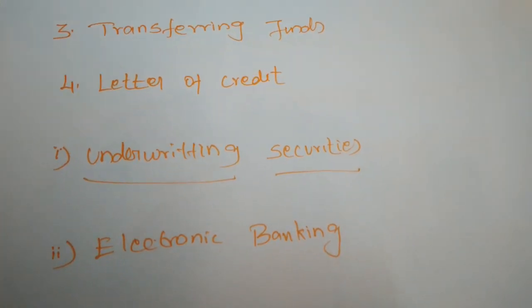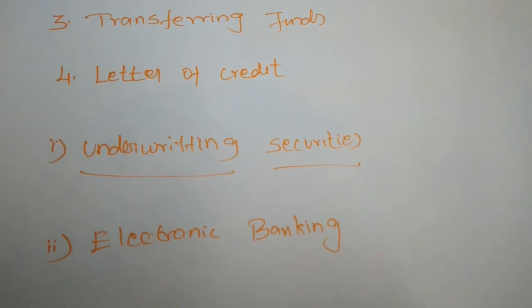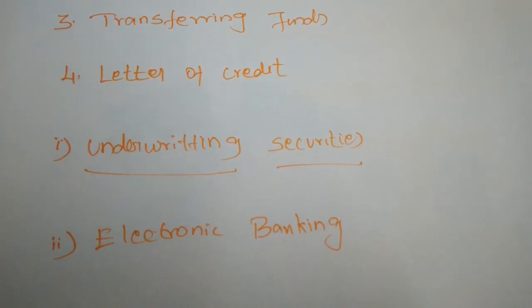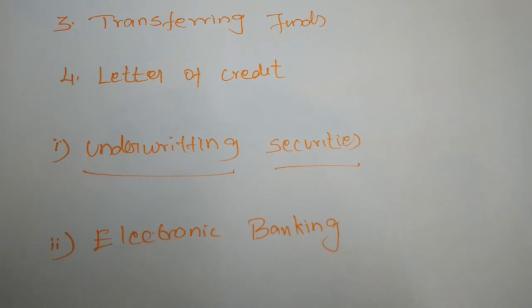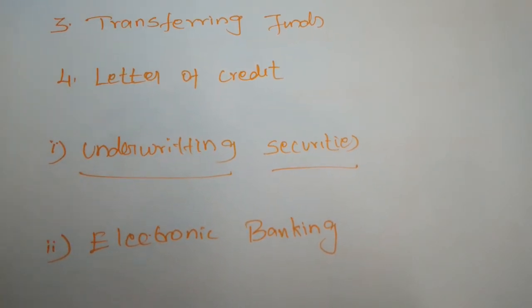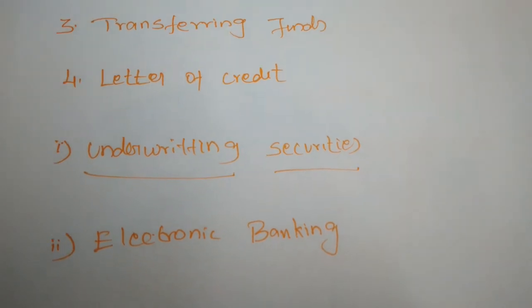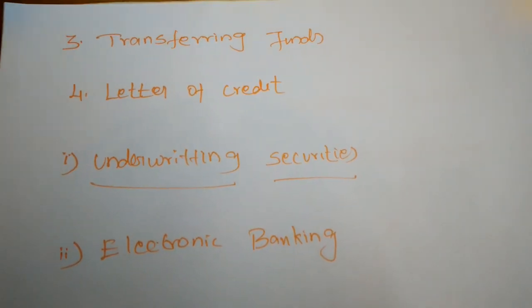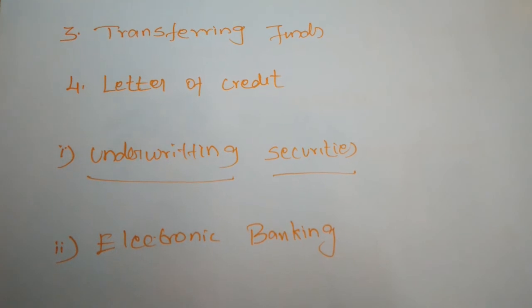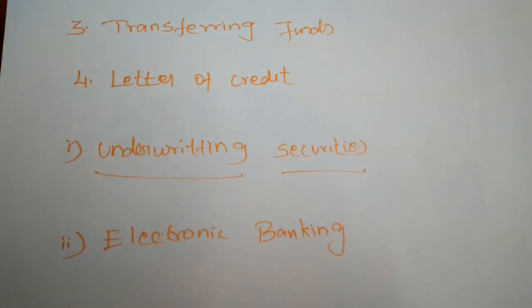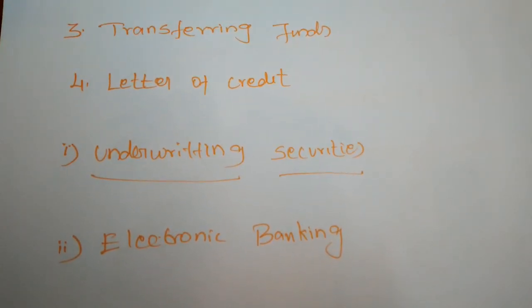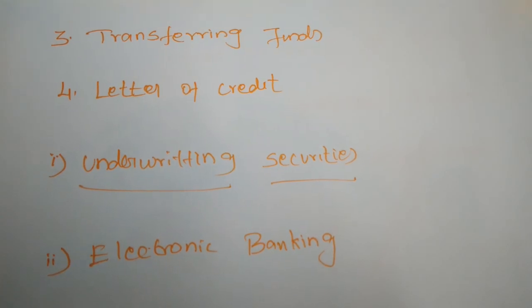Because even if I am a fraudulent person and I do not fulfill my business obligations, all the responsibility is taken by my commercial bank. So all the commercial banks provide a letter of credit to their businessmen, or to the persons who have dealings with other persons.